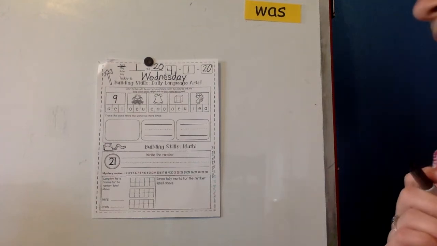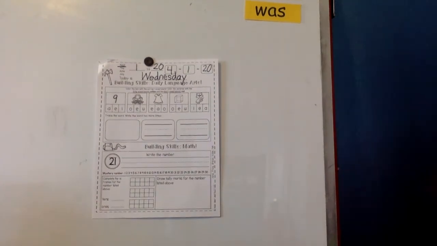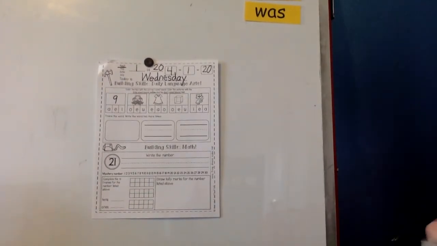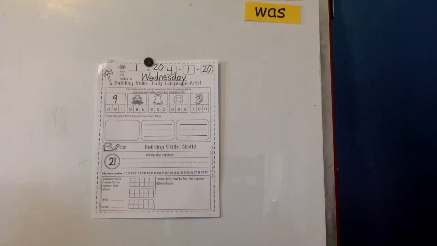All right, this next part, it wants you to have a yellow and a red crayon. If you don't have those, just pick one color and just color in the long vowels.